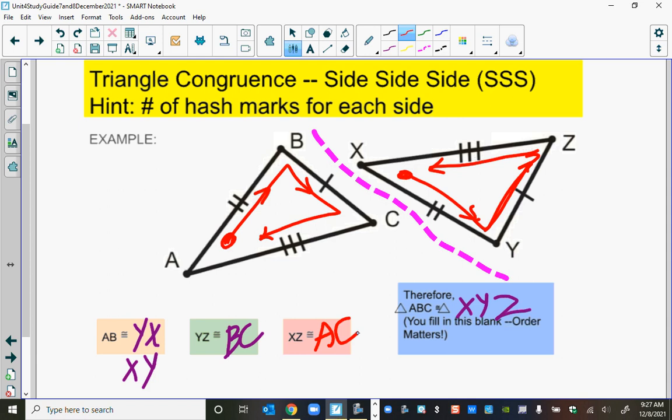All right, questions? Again, order will matter, especially that triangle congruence. You got to get that order right. So, order of the first one will help you determine the order of the second one. All right.